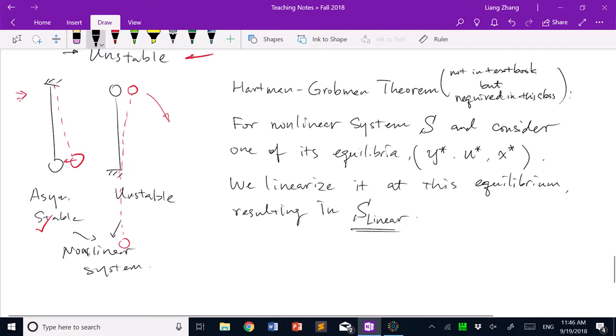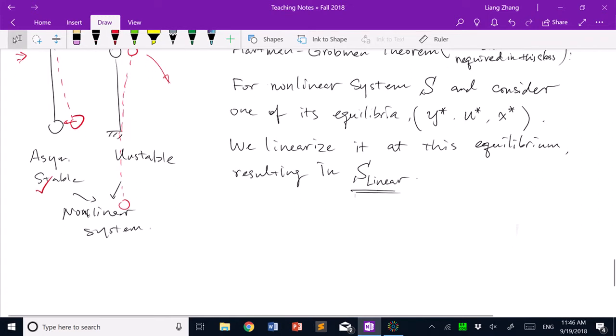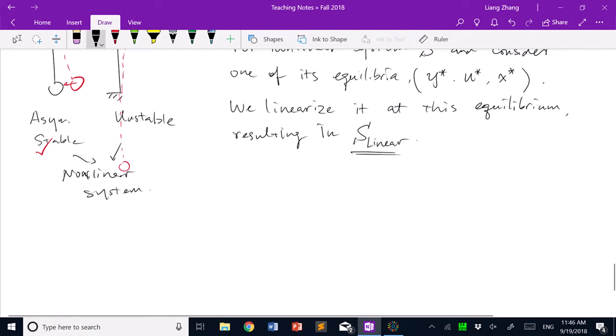And here is the result. There are several cases. Let's assume the characteristic roots are lambda 1 up to lambda n.